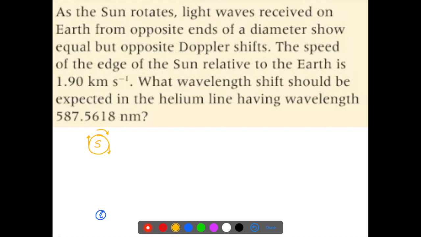All right, so what we're going to do is take our formula, which is this: delta F over F equals delta wavelength over wavelength equals V over C. And we are looking for the wavelength shift, so the wavelength shift is change in lambda. We're not going to worry about the frequencies here.